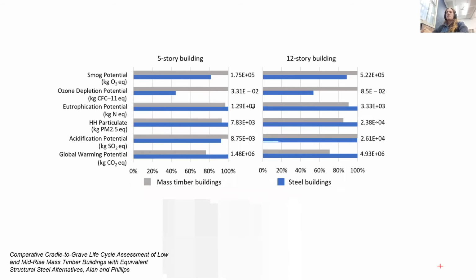Then there's a lot of studies out there that kind of look at the impact on all these different categories of different sized buildings. And a lot of times we're looking at global warming potential as the thing that's having the biggest net impact on global warming. And when you look at it there, you can see that mass timber building is somewhere in the 20 to 25% range of having less carbon impact than a steel building. And then as the building gets taller, you have a little bit more of an impact.